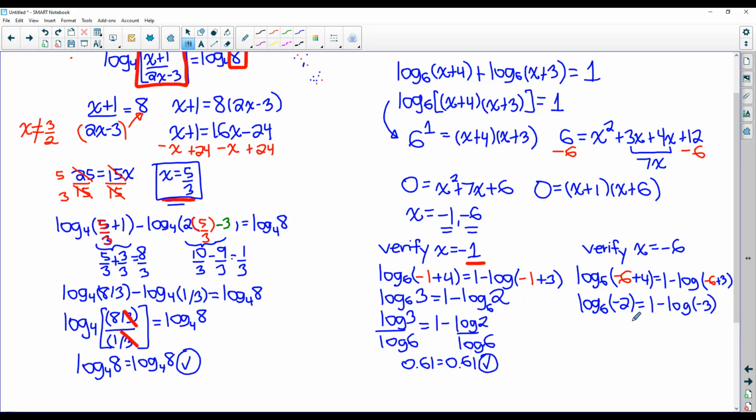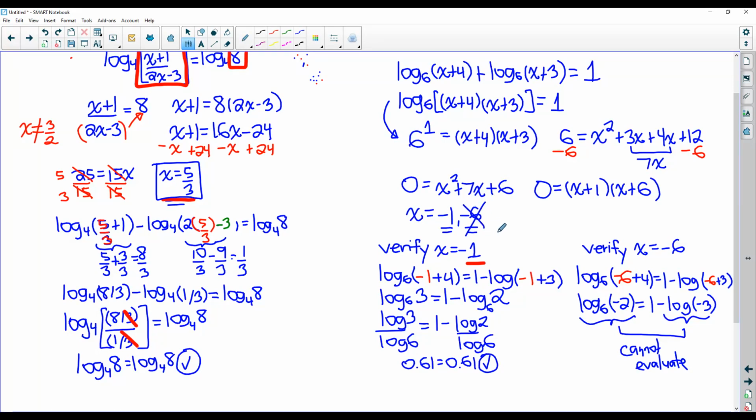Minus a log of -3. So this doesn't verify, because you cannot evaluate logarithms that have a negative argument. So we'll just say cannot evaluate, which means that x equals -6 is an extraneous solution.